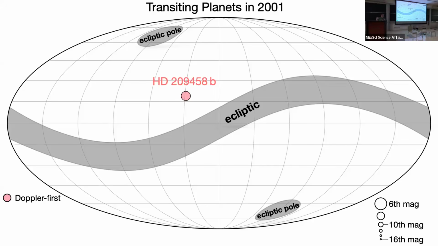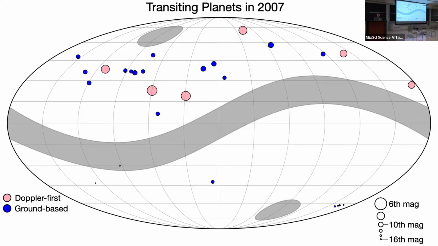Once we knew about the existence of hot Jupiters and how readily detectable they would be, many groups embarked on transit surveys using telescopes at various observatories around the world to try to find more of these. And by 2007, they had started to succeed and found 20 or so transiting planets.